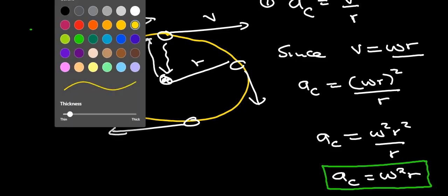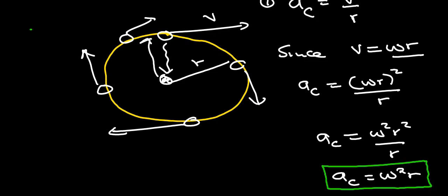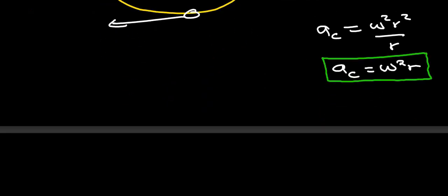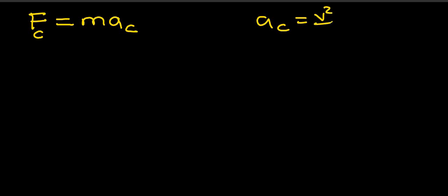Apart from this, if there's acceleration, there should be a force somewhere, right? The force that causes centripetal acceleration is called centripetal force. Because you have two versions of centripetal acceleration, centripetal force also has two versions.